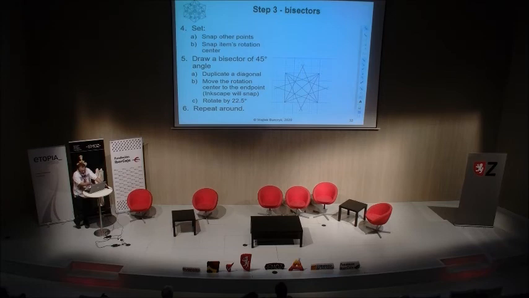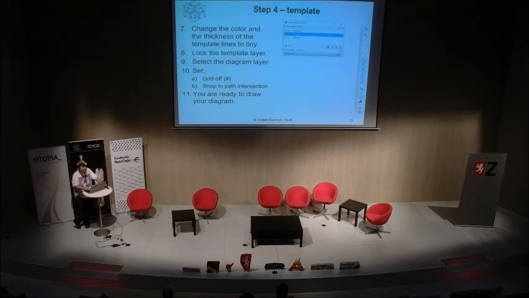So we have diagonals sticking out from our square, but we have our intersection points. So now we can change the color and the thickness so it does not interfere with our drawing of the diagram.